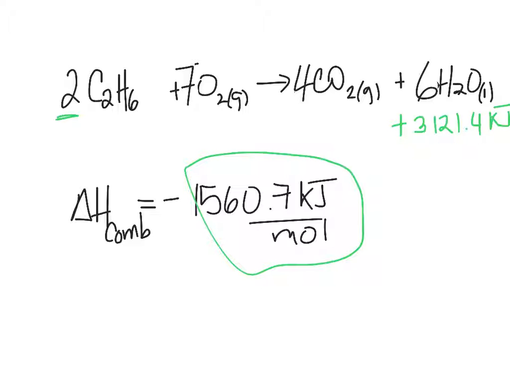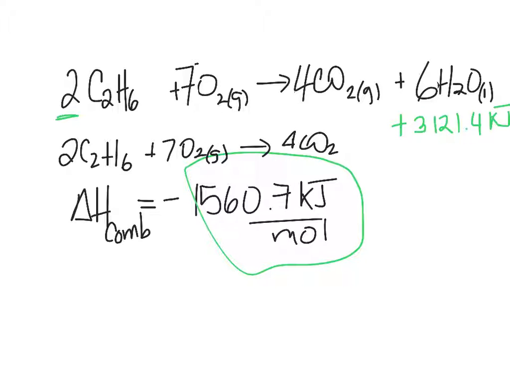So you would write 2C2H6 plus 7O2 goes to 4CO2 plus 6H2O, and my delta H is equal to negative 3,121.4 kilojoules.